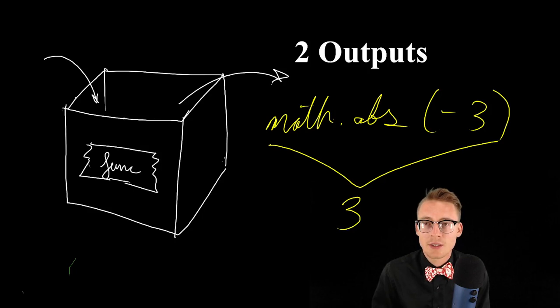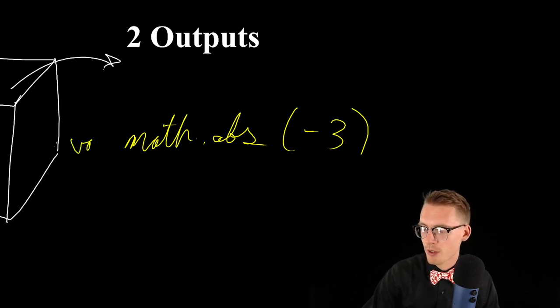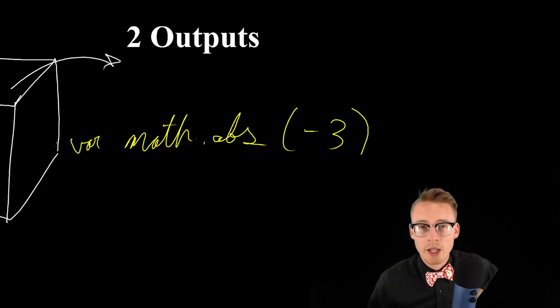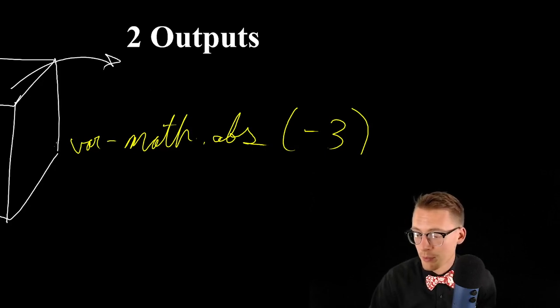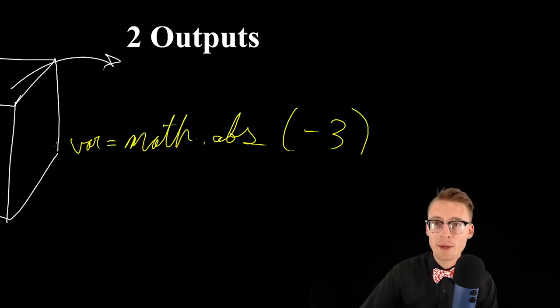You can imagine this is what happens when the interpreter is going through your code and it finds one of these functions that returns a value. So what is the point? What am I trying to tell you? Well, here's an example. Let's say that you are setting up a var and you want it to equal the absolute value of some number, -3. Well, what you would do is you would say var equals math.abs -3.